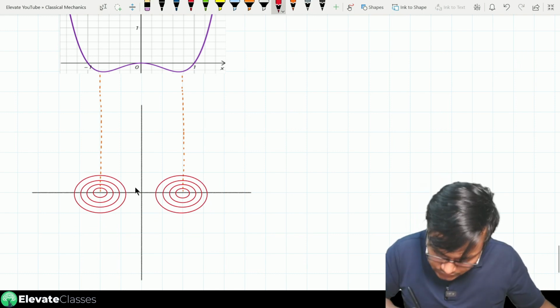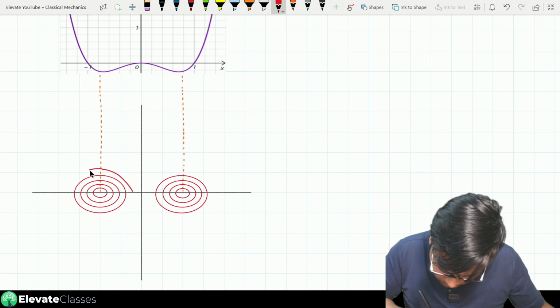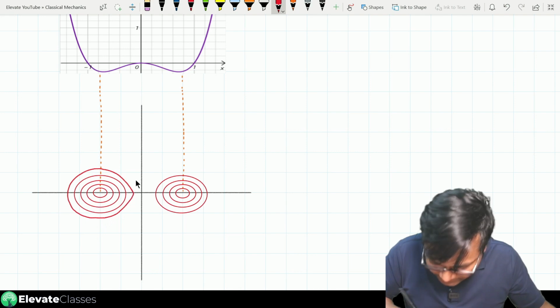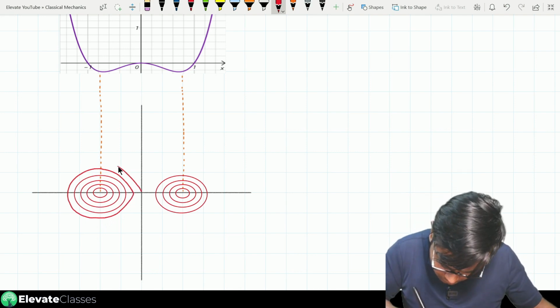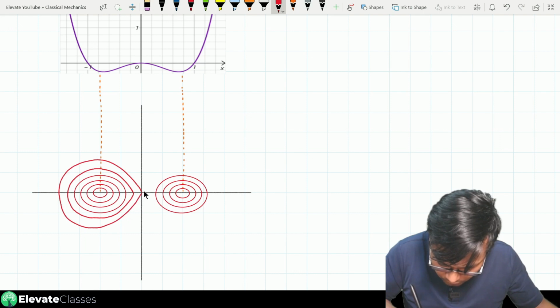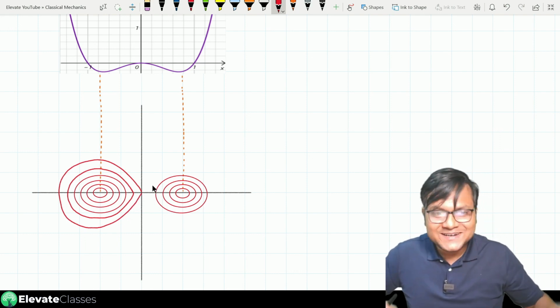Okay, so here, slight tapering of the ellipses. Here, all right, beautiful. Okay, you see this is also a closed loop, but it's not exactly an ellipse.